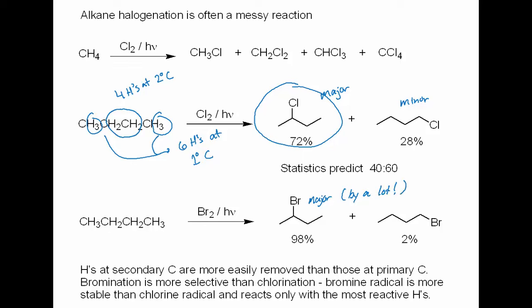It's a 49 to 1 ratio. So what we see from these two results is that the hydrogens at secondary carbon are more easily removed than those at primary carbon. Bromination is more selective than chlorination. This is because the bromine radical is more stable and thus more selective in its reactions. It's more selective for pulling off the more reactive hydrogens.